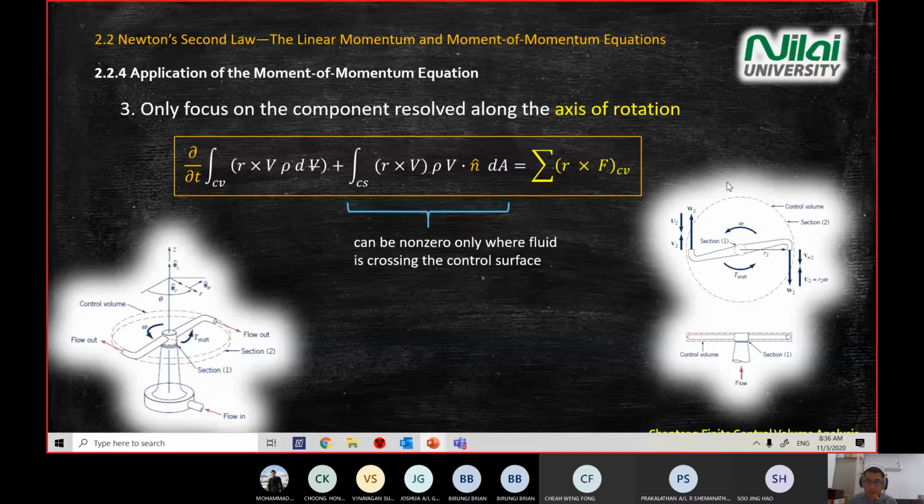On the diagram on the screen, when we have a flow coming from the nozzle and this flow crosses our control volume, then our second term in this equation has a value. When your flow does not come out of the control volume, meaning the flow is within the control volume, this term equals 0. There's no flow in and out. There's an internal flow, but there's no contribution to the environment.